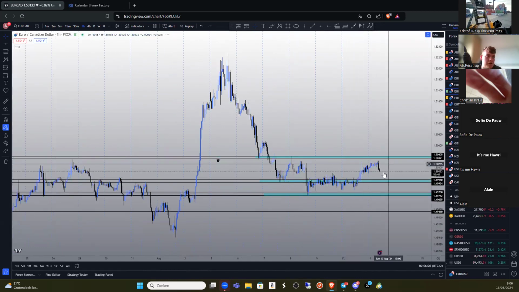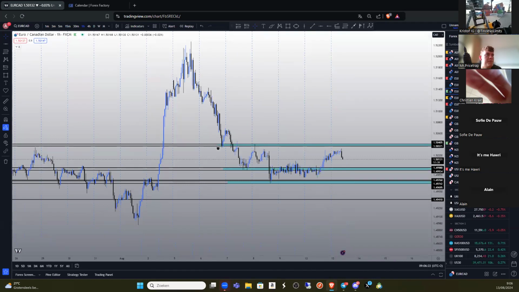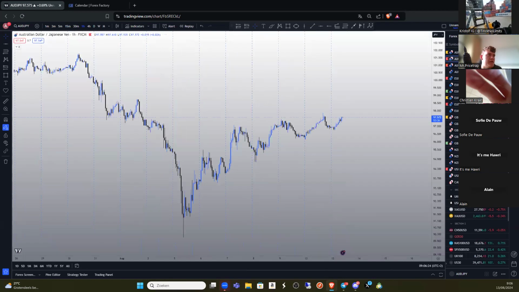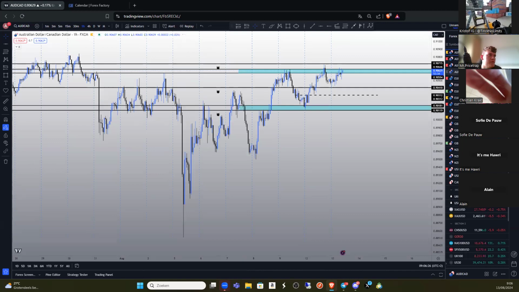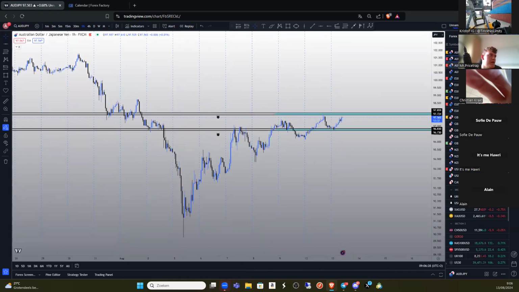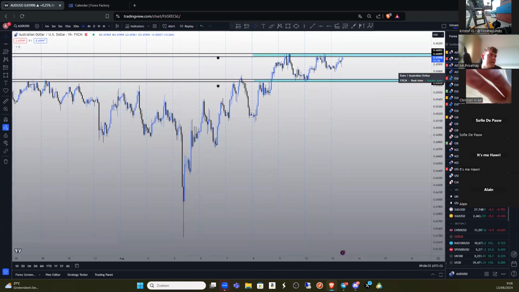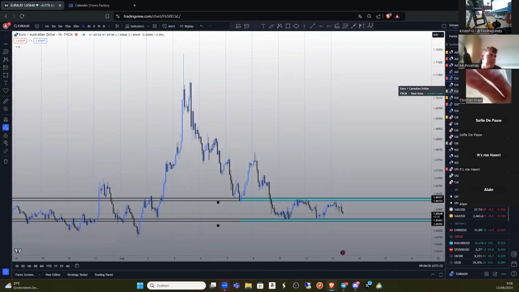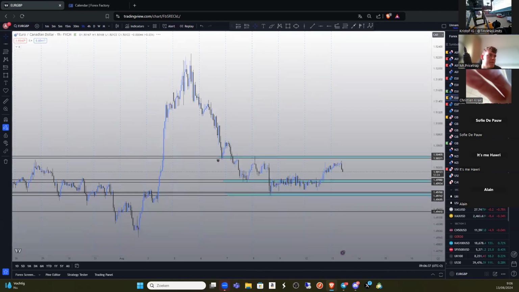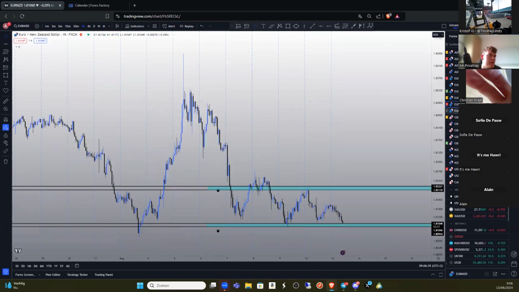And of course, I also told you about Euro Canadian. Okay, I think I'm gonna leave it with this. So we have AUD Canadian, AUD JPY. Okay, I like it. Euro pound looking good.